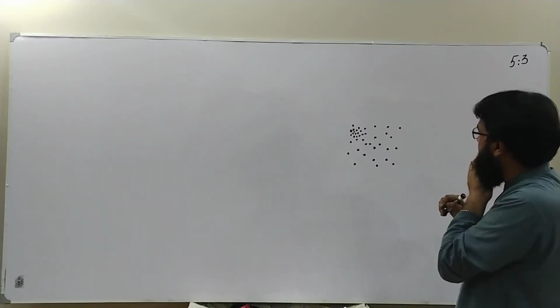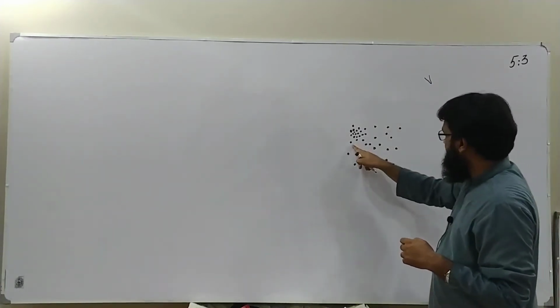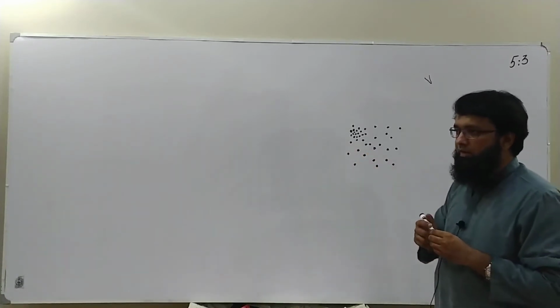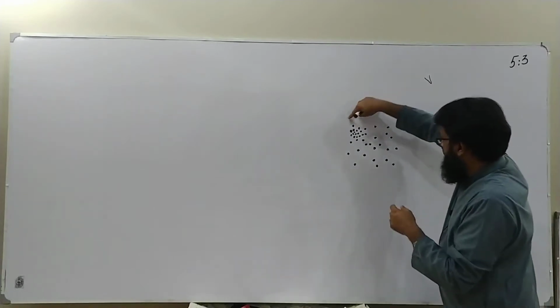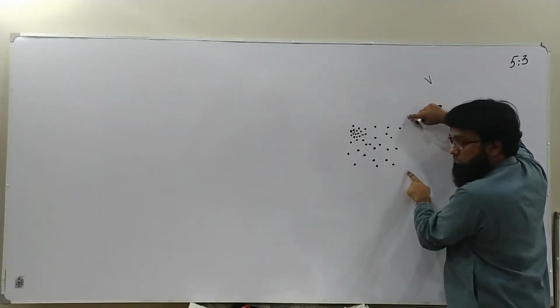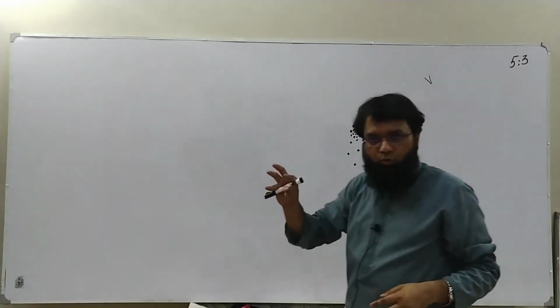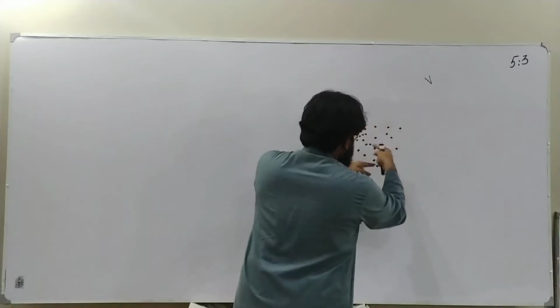So let's say we have a cluster of charges now which occupies some volume, and the distance between each point charge is so small that we cannot measure that distance. Okay, let's say this length is 1 micrometer, and this length is 1 micrometer. We have no probe whatsoever to measure the distances between.